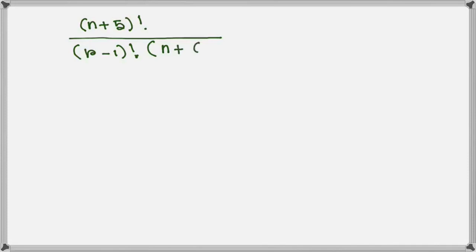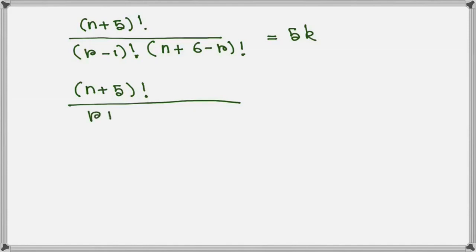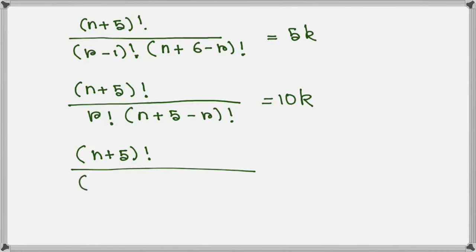Therefore, we have (n plus 5) factorial divided by (r minus 1) factorial into (n plus 6 minus r) factorial is equal to 5k. (n plus 5) factorial divided by r factorial into (n plus 5 minus r) factorial is equal to 10k, and (n plus 5) factorial divided by (r plus 1) factorial into (n plus 4 minus r) factorial is equal to 14k.